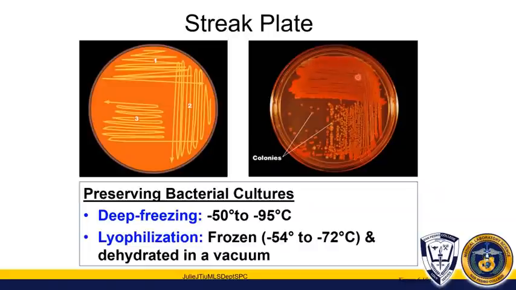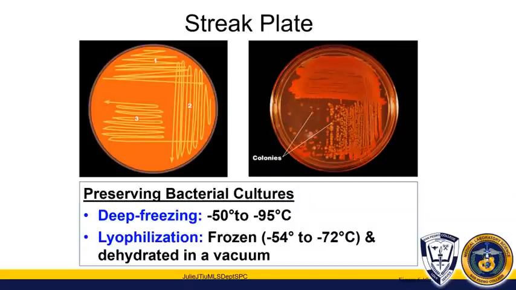And then on the second streak, you now see some individual but still closely positioned growth. But on the third streak, notice now the single colonies. That is what we mean by isolation.